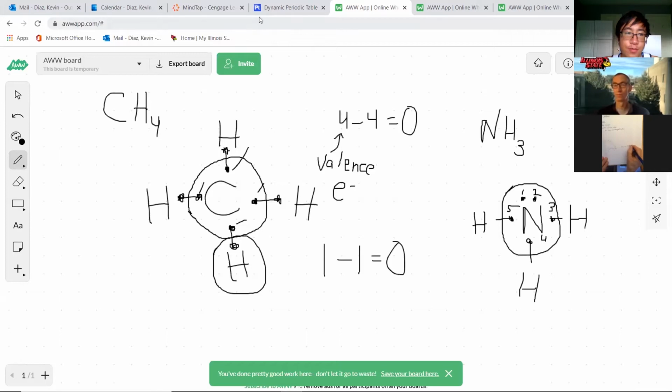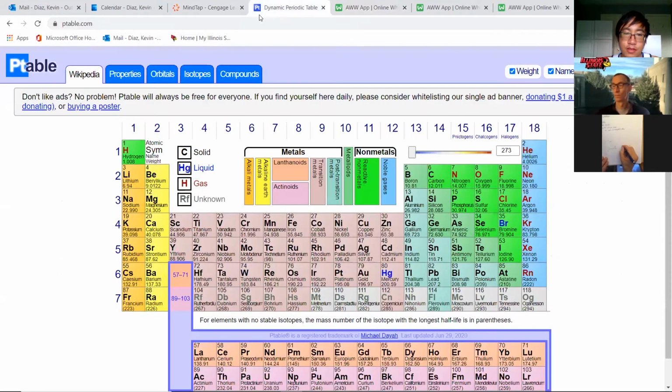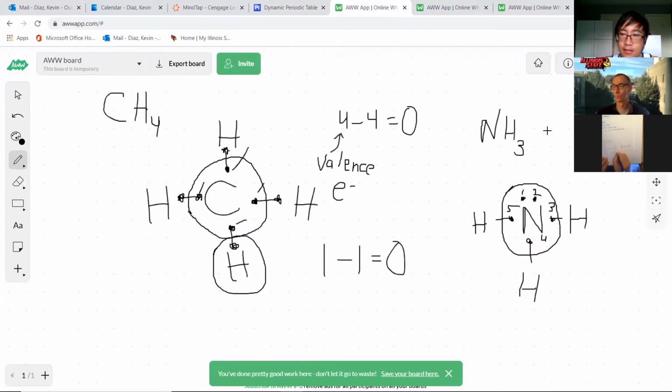Nitrogen from the periodic table is in group 5A, so 5 valence electrons. And then you would do 5 minus 5 is equal to 0.